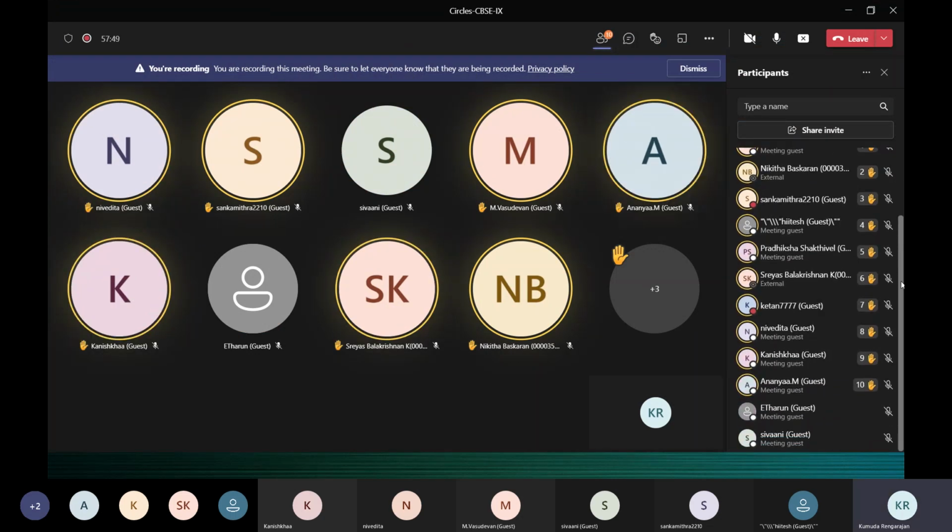Vasudevan, Nikita, Sangamitra, Hitesh, Pratiksha, Shreya, Sarar, Nivedita, Kanishka, Ananya. What about Tarun and Shivani? Are you there? Okay.